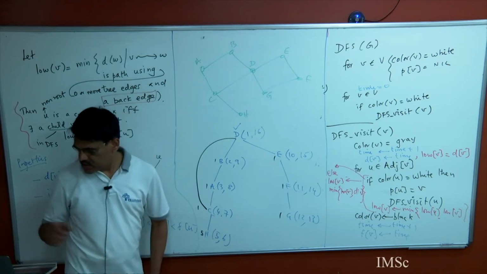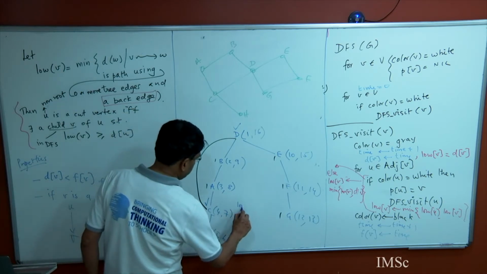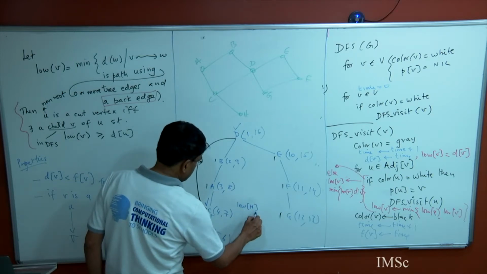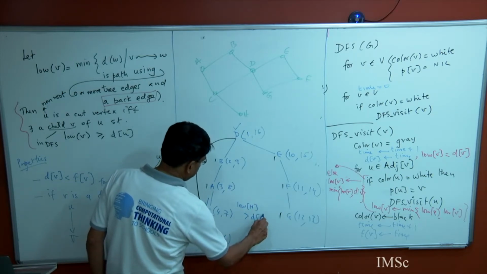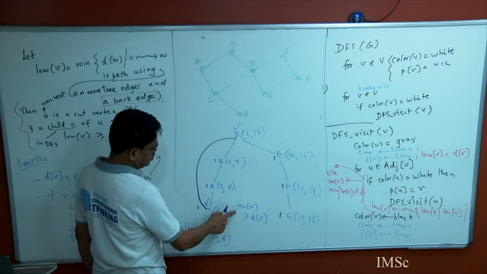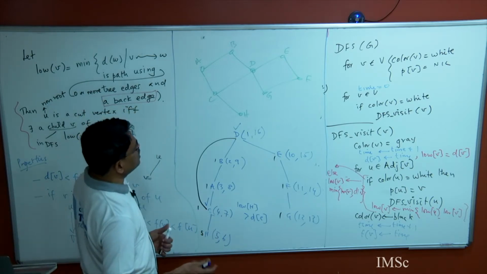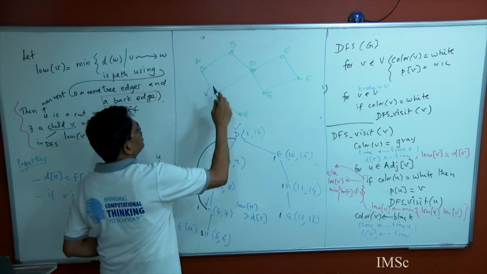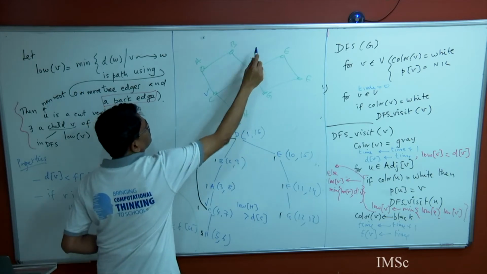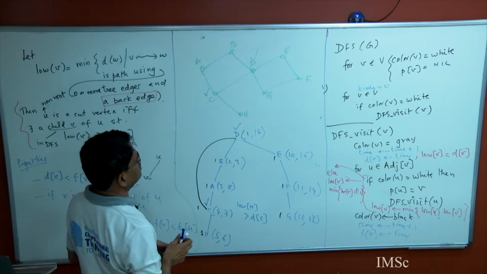So C is a cut vertex because low of H is greater than d of C. So H is a child of C whose low value is greater than this. So C is a cut vertex. And is that the only thing? That's all, right? So C is a cut vertex. Clearly when you delete it, it breaks into 2 pieces. D is a cut vertex and there is no other cut vertex.